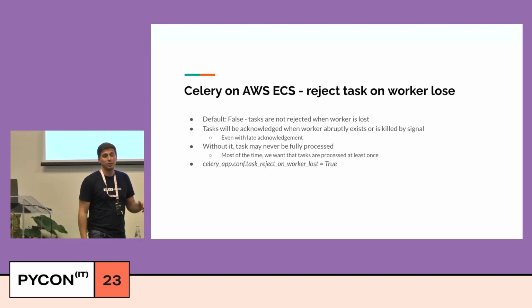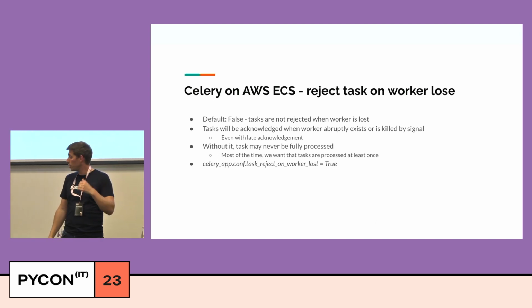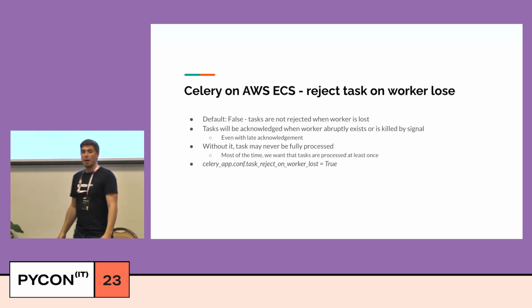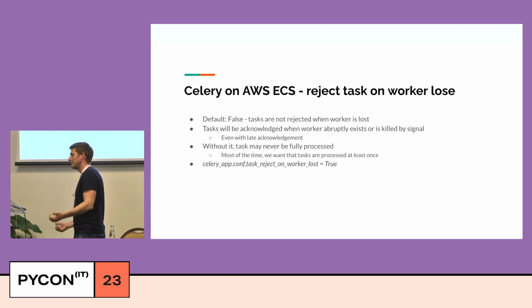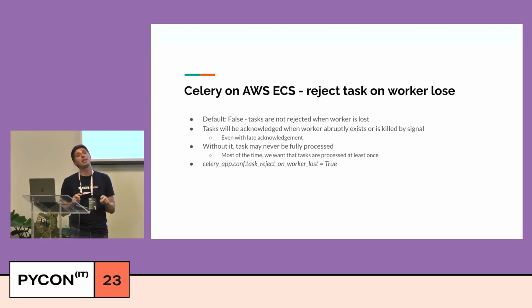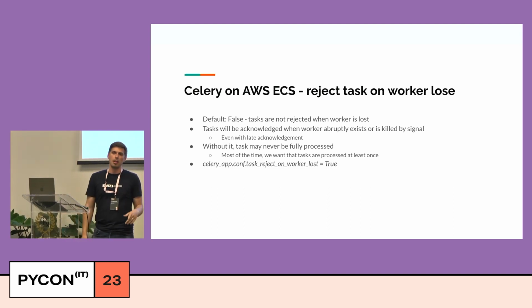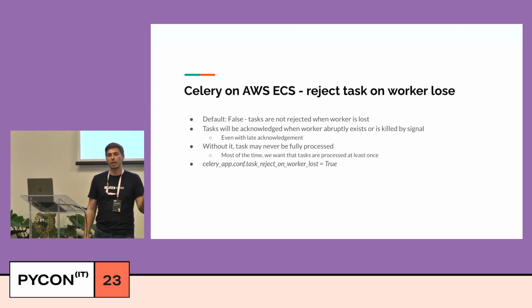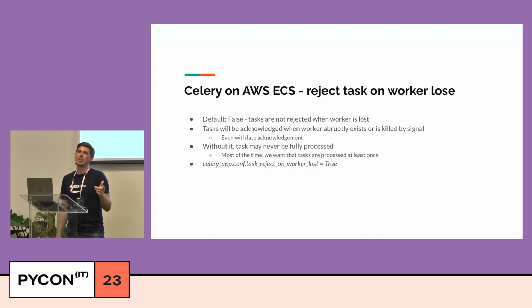The next thing is to reject task on worker loss. By default, this is obviously set to what? False. And why is that? Because there is a possibility that you end up in an infinite loop of these messages in cases, for example, where your workers would be dying due to going out of memory. With Elastic Container Service and Fargate, this is pretty unlikely to happen.